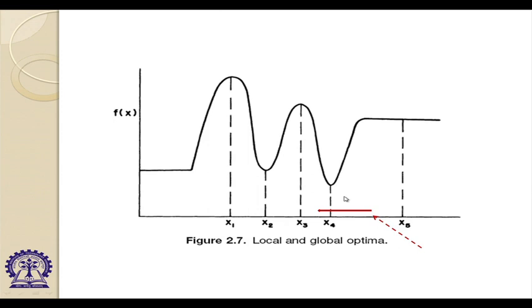Sometimes I have to be satisfied with local optimality, because, as I told you, local optimality in many cases serves the purpose. Instead of searching for global optimality, which means I have to do more jumps and more iterations, better let me be satisfied with the local optimum.